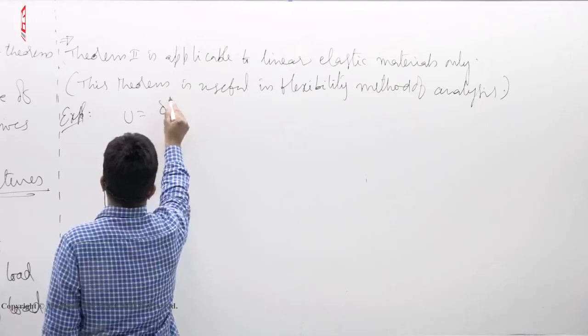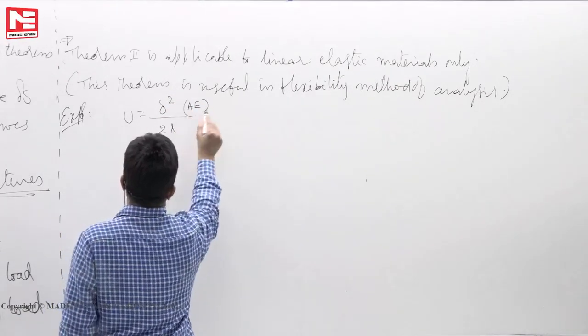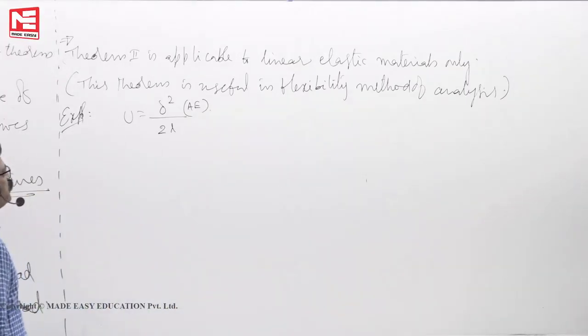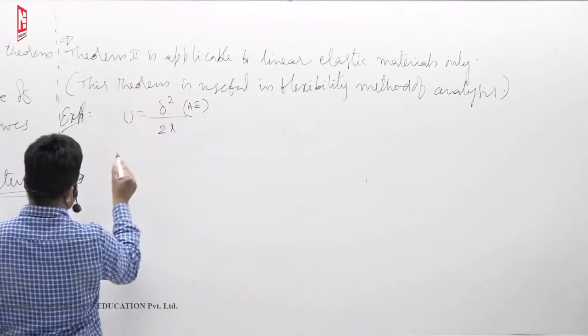Strain energy U is equal to delta square by 2L into AE, we have written. This is the energy stored in terms of the deformations.